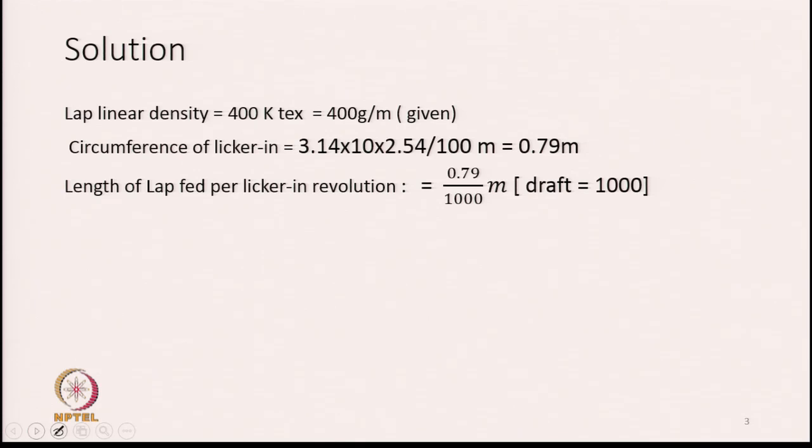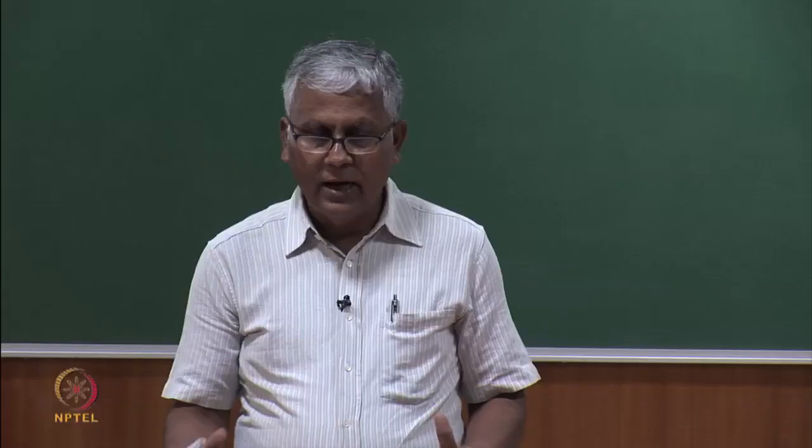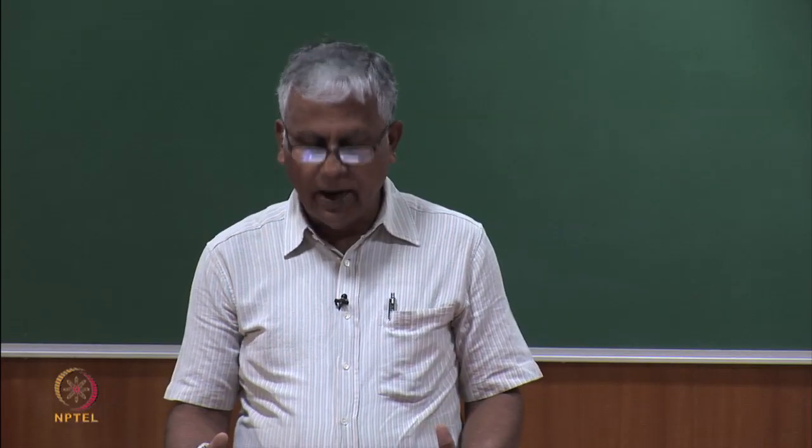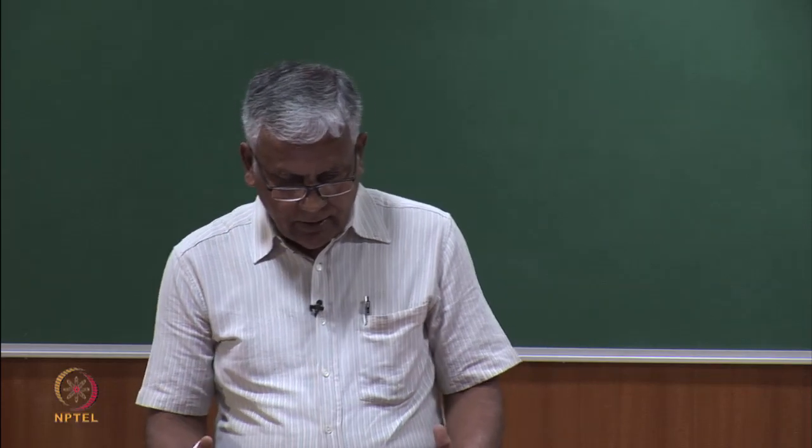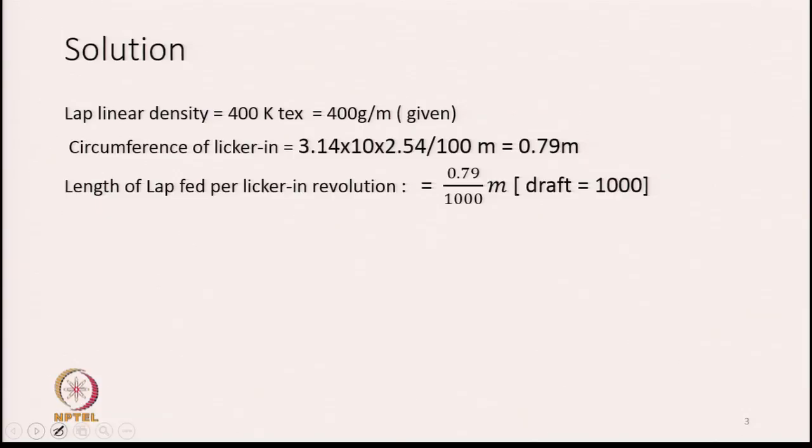Okay. So, the lap linear density has been given, which is 400 kilotex. That basically means it is 400 gram per meter, that is 1 meter of lap will weigh 400 gram. All right. The next point is, what is the circumference of the Licker-in?